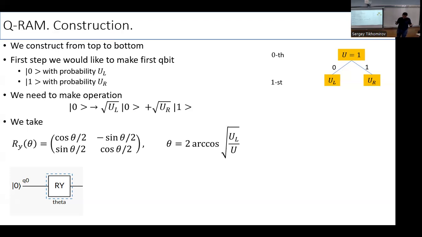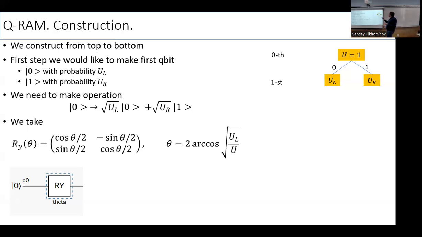Let us try to make this with the first qubit, and we will make this operation, and later we will never change the first qubit. The idea is that in the initial moment we are in state 0, and we want an operation which will move 0 to square root of UL times 0 plus square root of UR times 1.